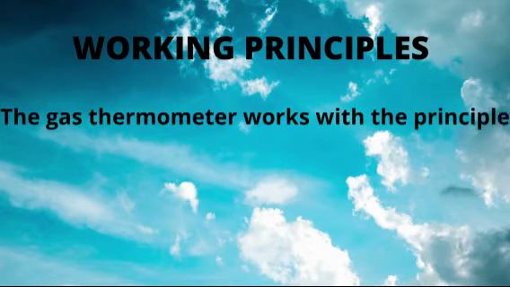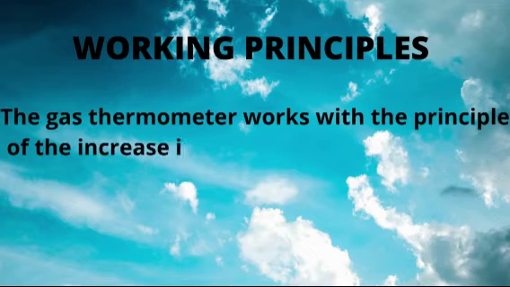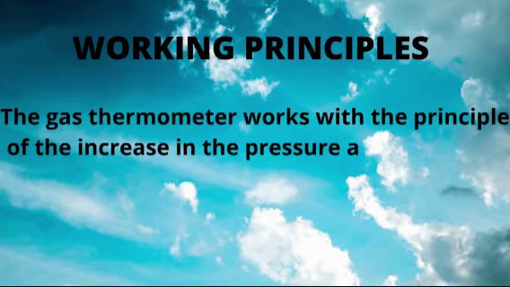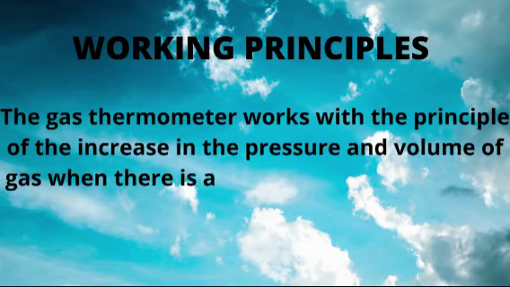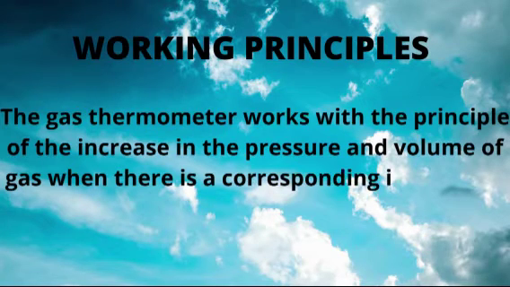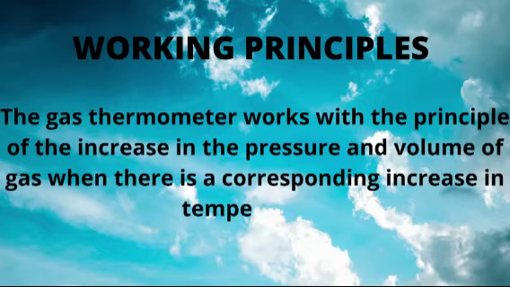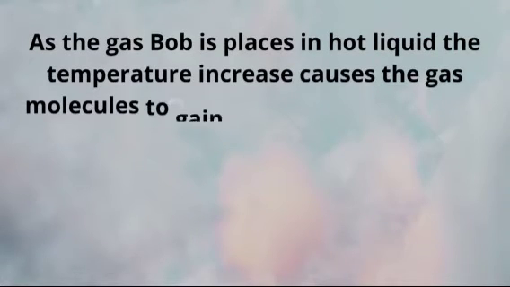Since the volume in this case is constant, there is supposed to be an increase in pressure and an increase in volume, but since the volume is constant, it gains pressure and goes through the tube, pushing down the thread on one side and causing the thread on the other side to go up. The other side is where the calibration is, so that is where you read the measurement.